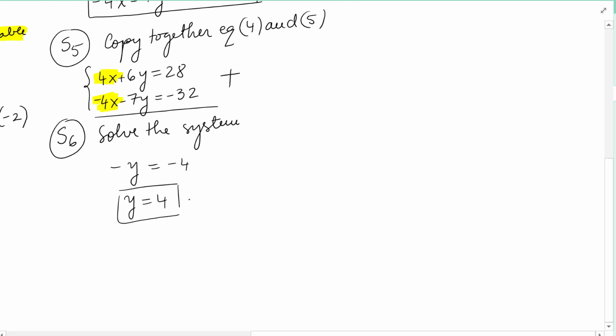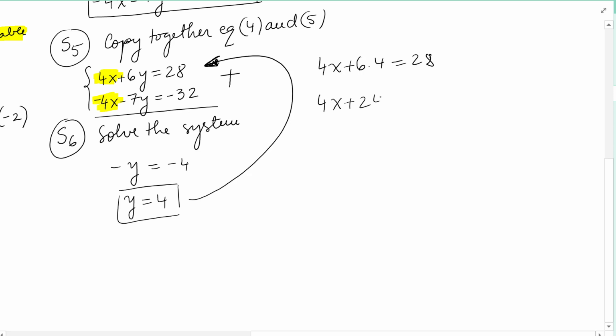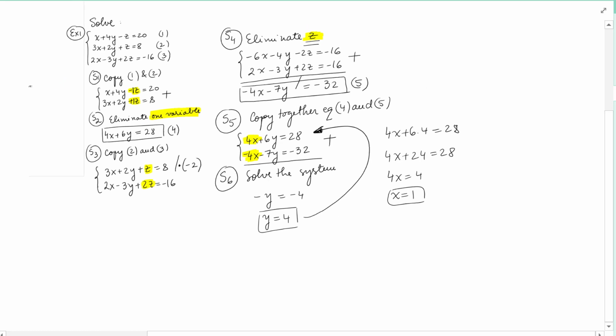Well, now I'm going to replace this y into this equation, and I'm going to get 4x plus 6 times 4 equals 28. So this is a linear equation in x, so I can solve it. 4x equals 4, x equals 1. And now we have two of the variables, so I'm going to replace.